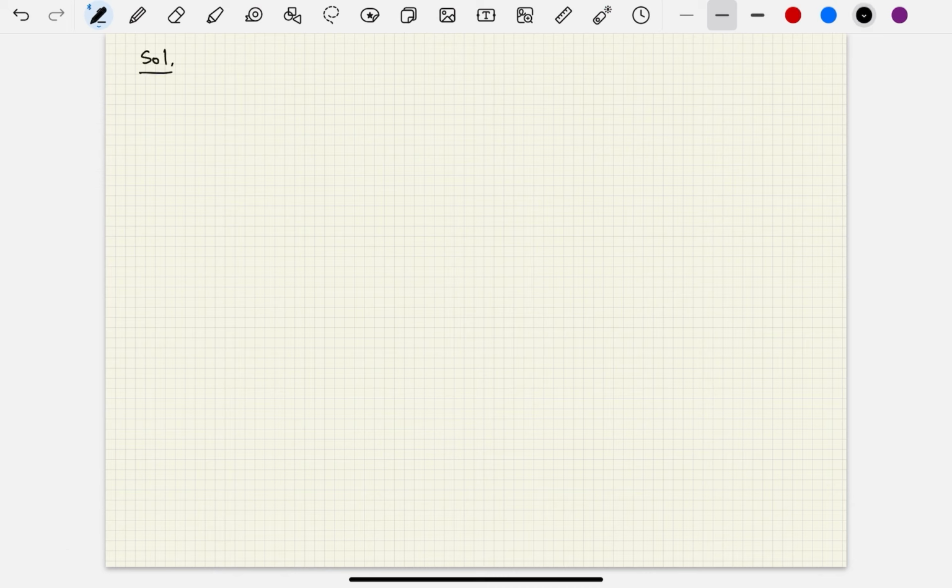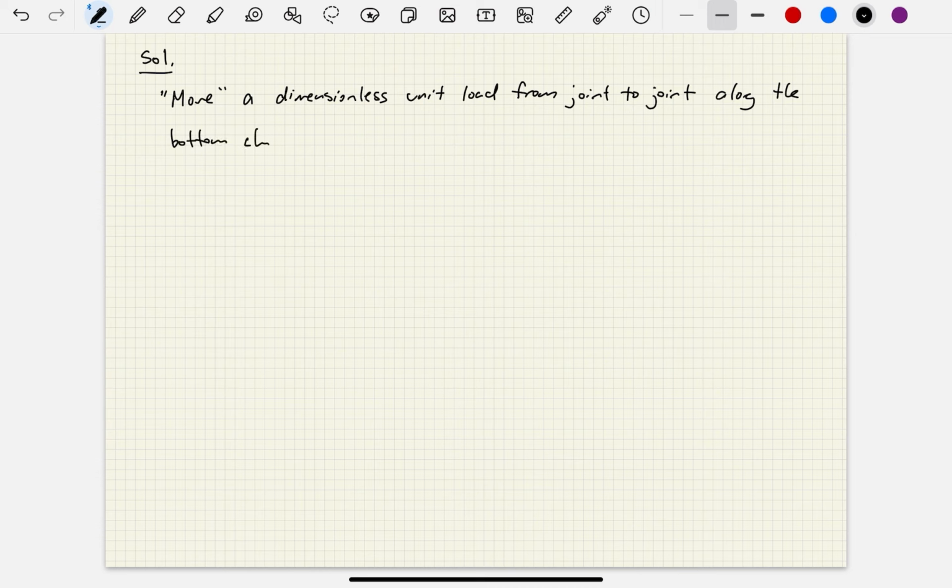What we're going to do is move a dimensionless unit load from joint to joint along the bottom chord.